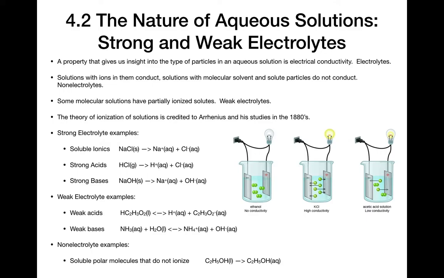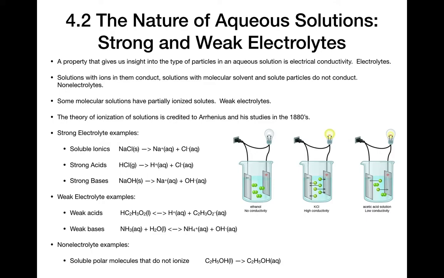Weak electrolyte examples would be something like a weak acid or a weak base. Acetic acid is a weak acid, generally designated by the arrow going in both directions between the unionized molecule and the ionized H plus and C2H3O2 minus ion. NH3 is a classic example of a weak base.